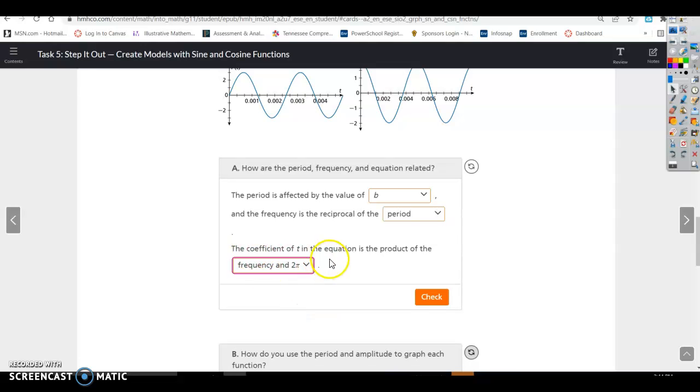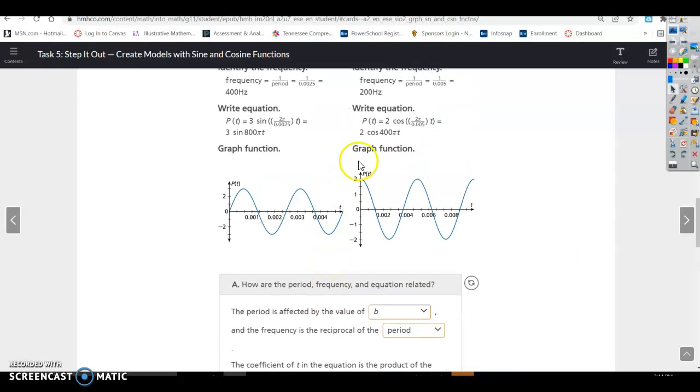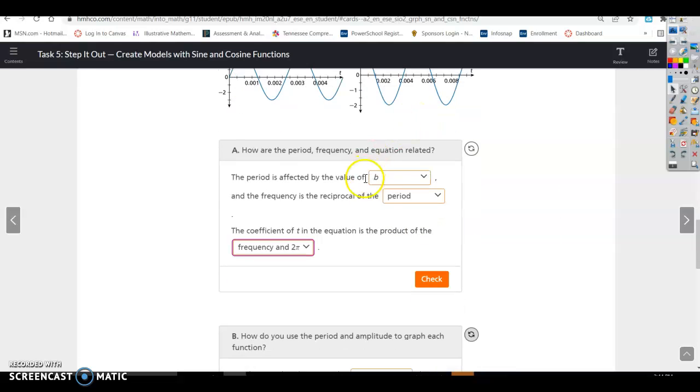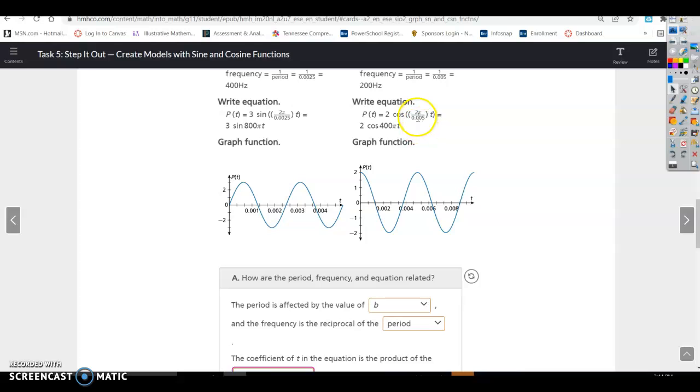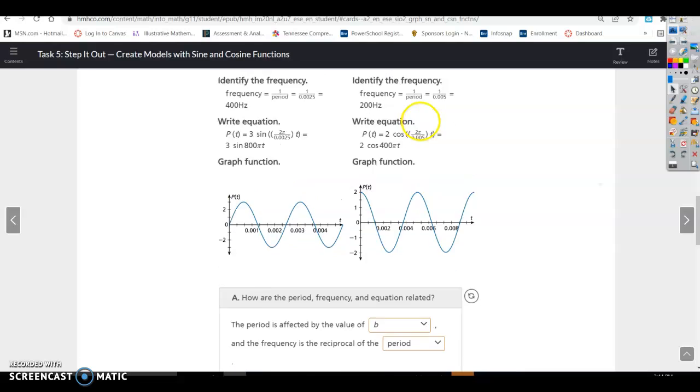The coefficient of t means the number in front of t. So that's going to be the frequency times 2 pi. You can see the frequency here was what they gave us, the 0.005.